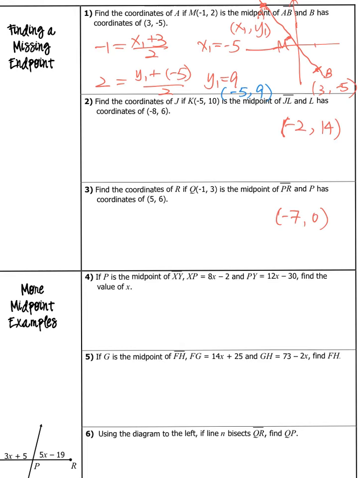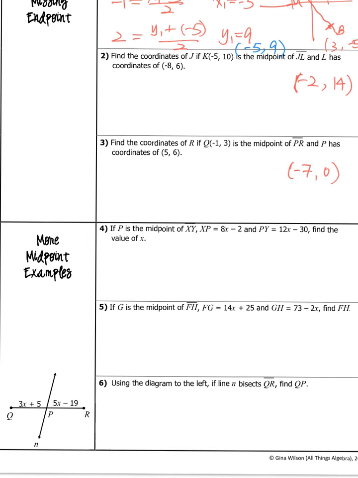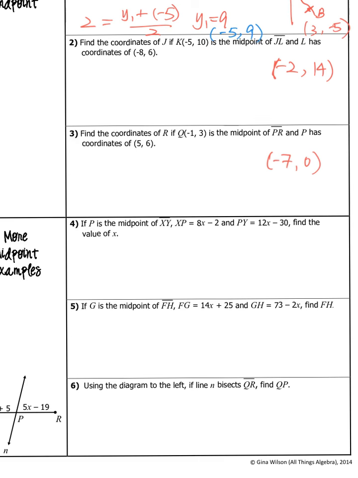Finally, some more examples. I'm going to move this up a little so that we can see everything. And number 4, if P is the midpoint of XY, XP, which is half of it, is 8x minus 2, and PY is the other half. Find the value of x. So now we have real serious algebra involved. The best thing you can do in any kind of math is you can draw some charts that help you have a visual understanding of it.